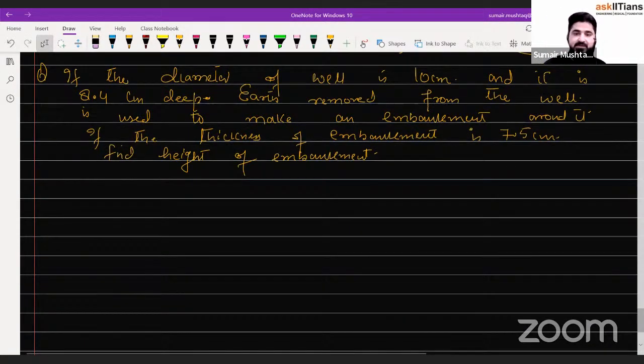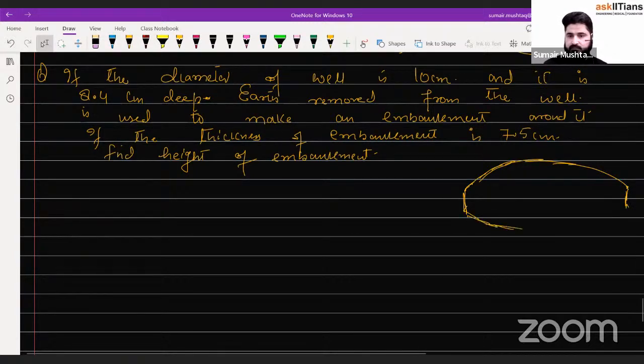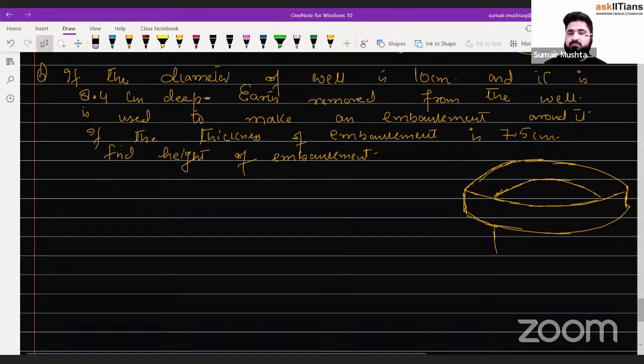Listen, again saying, let us suppose this is an embankment around a well, okay?